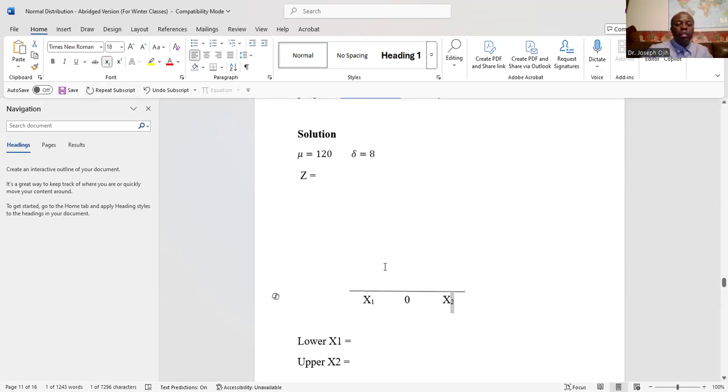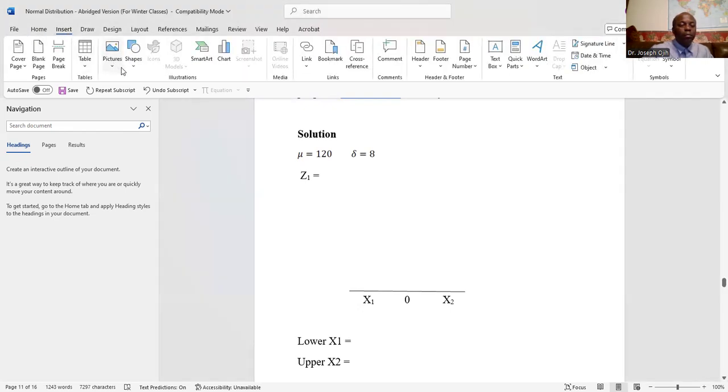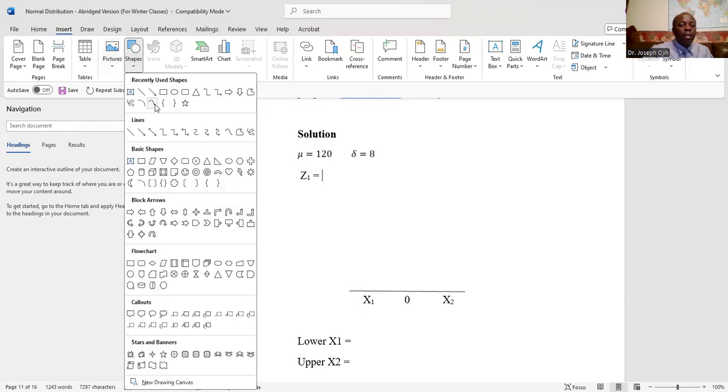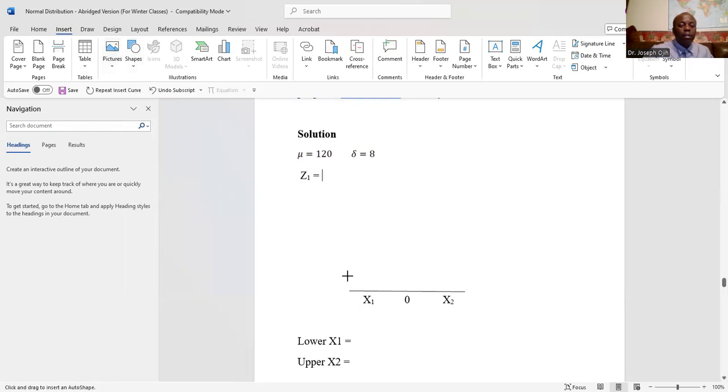Since there are two Z-axes, the first one is Z1. So we're going to find Z1 first of all, to draw the chart. Put the shape inside, the bell curve.